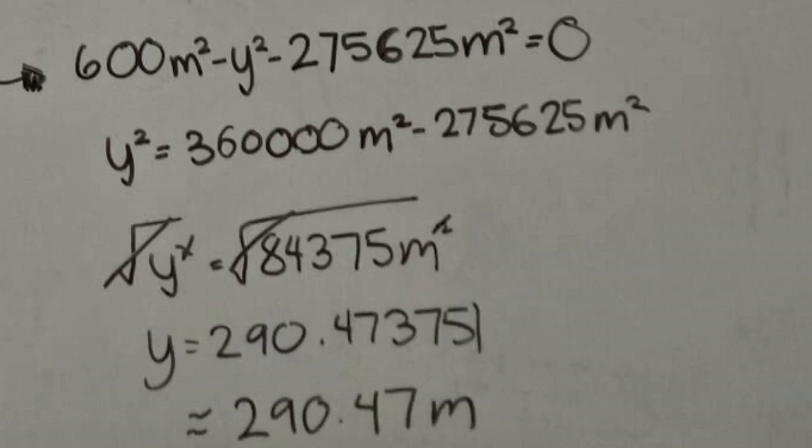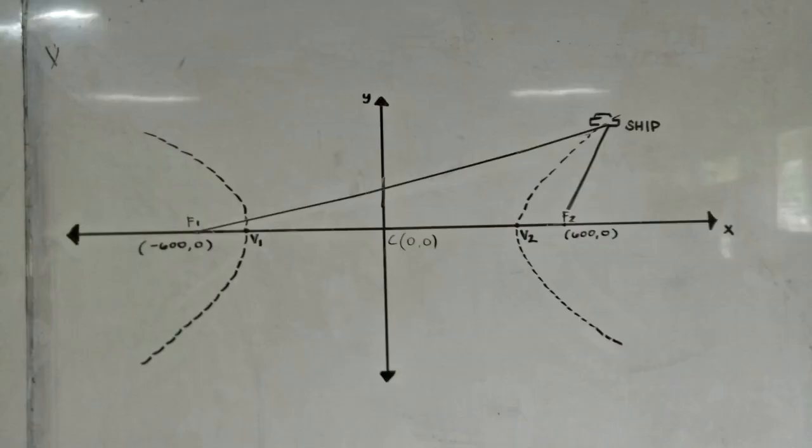We can rewrite the equation into y squared equals 360,000 meters squared minus 275,625 meters squared. This is y squared. We will get its square root and this will be our answer. Y is equal to 290.47 meters. The graph will look like this at problem B.